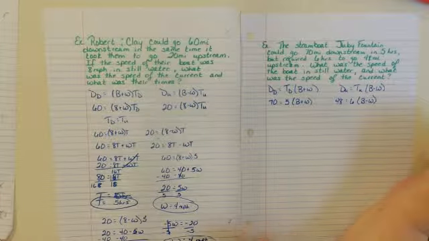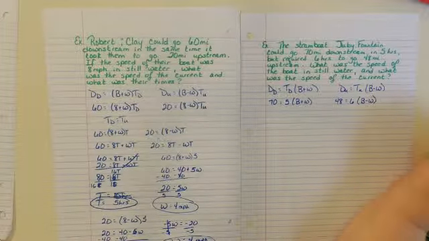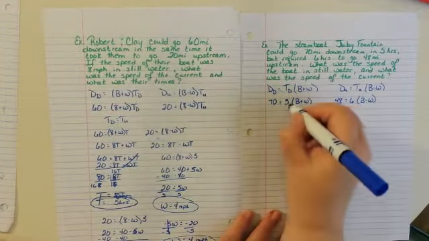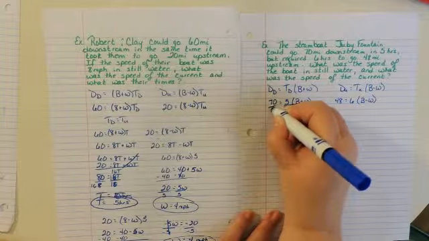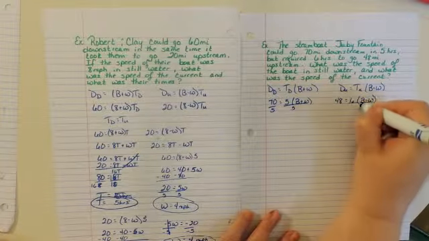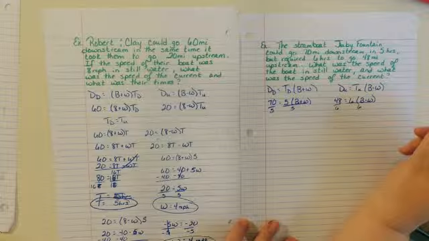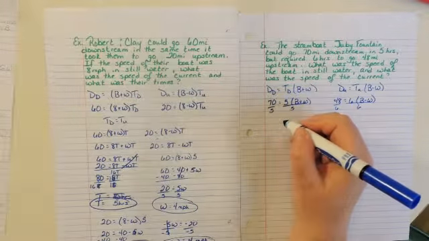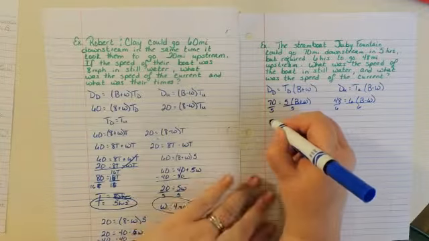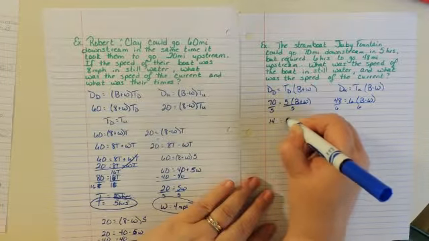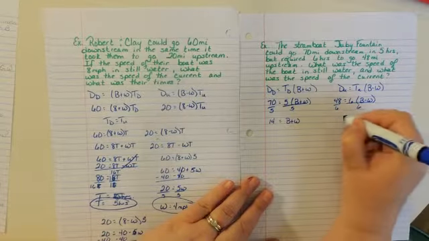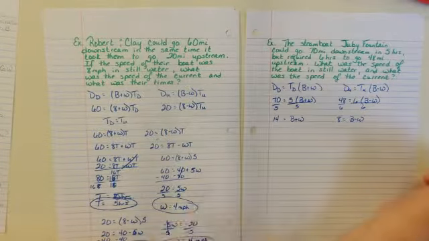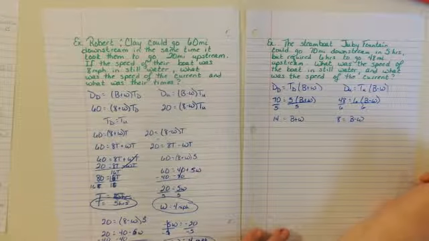Okay, so we have these two equations, and we're going to solve for boat and current. Before we multiply these through, if we divide this side by 5, and this side by 5, and this side by 6, and this side by 6, we'll end up with 14 equals boat plus water, and 8 equals boat minus water, and that saves a couple of steps of simplifying.